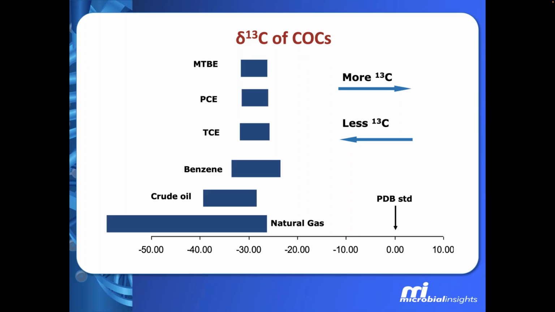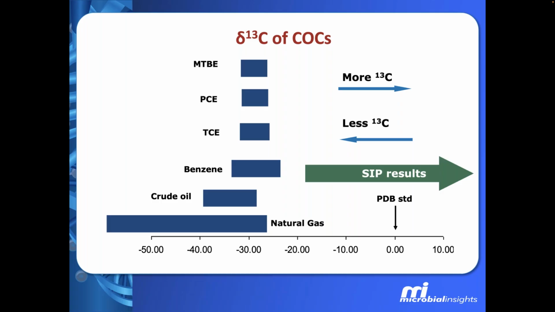That's because they all contain less carbon-13 than the standard PD belemnite. So on this scale, moving from right to left represents less carbon-13 in the molecule. Moving from left to right represents more carbon-13 in the molecule.